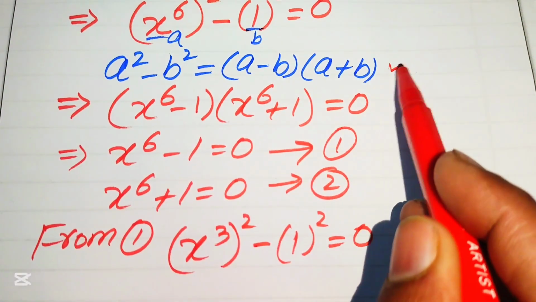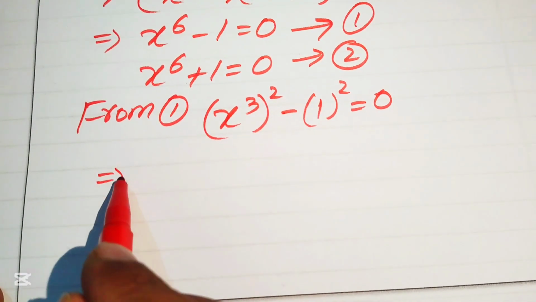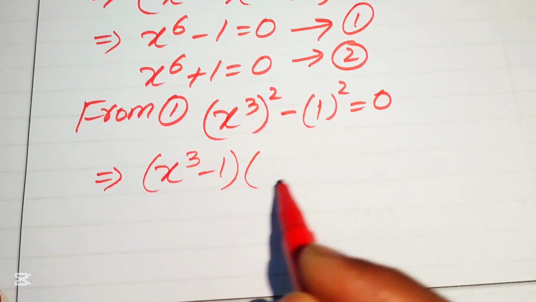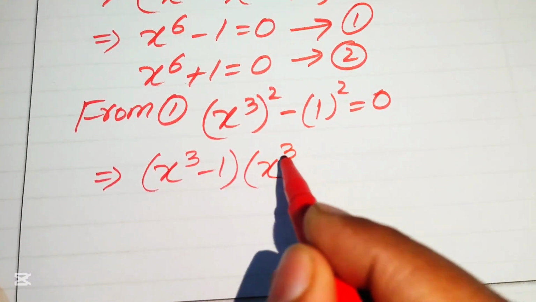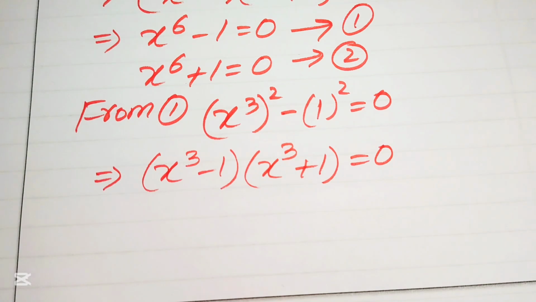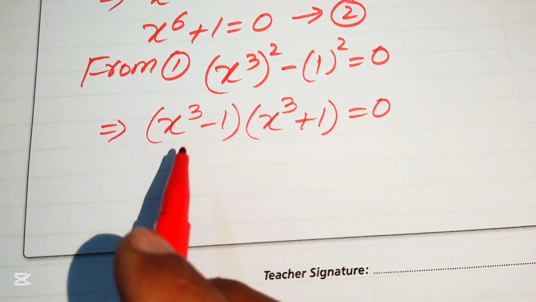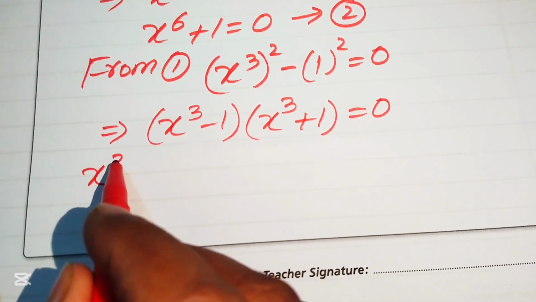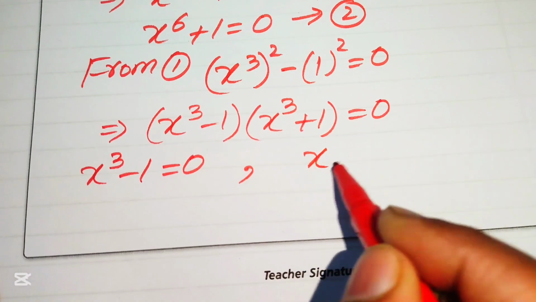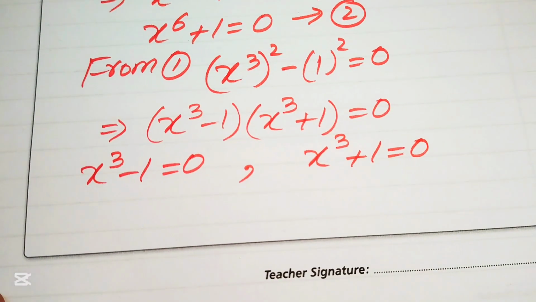So now we again apply this nice formula here, and we have x cubed minus 1 into x cubed plus 1, and this whole equals to 0. In the next step here we need to again divide this into two cases. Our first case is you take x cubed minus 1 equals to 0, and the second case is you take x cubed plus 1 equals to 0.